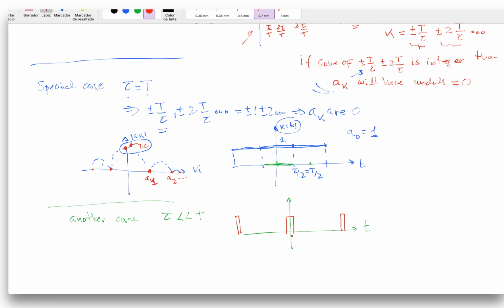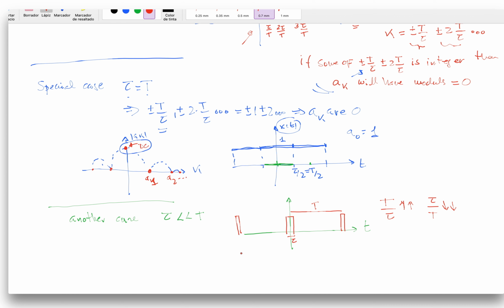So this is the case where tau, which is this width, is much smaller than capital T, which is this one. In other words, the division of T divided by tau is very big, or tau divided by capital T is very, very small, okay?